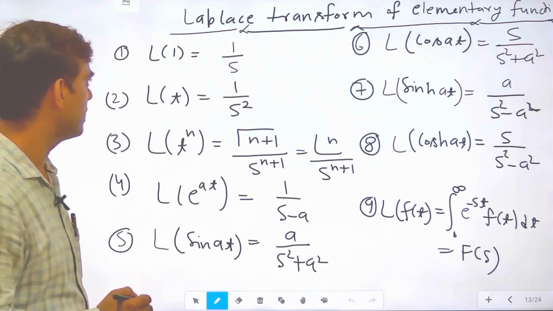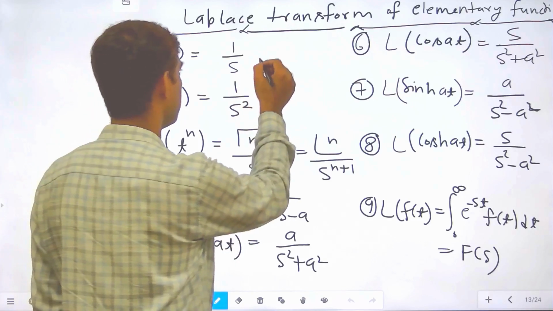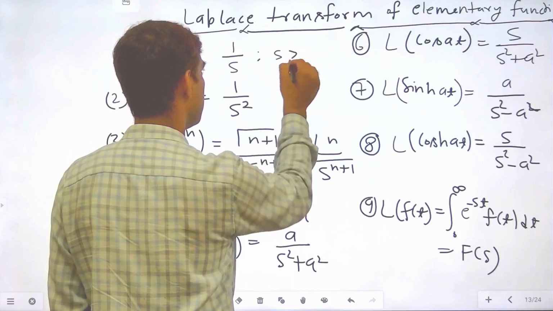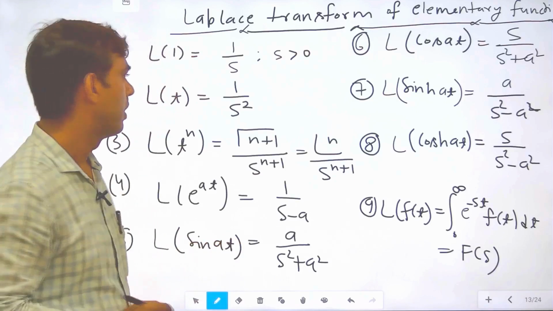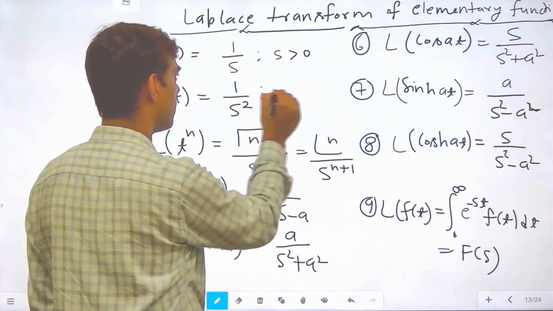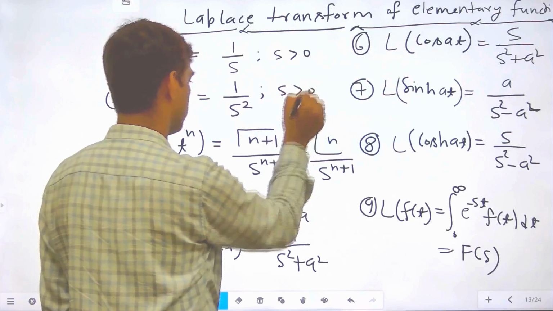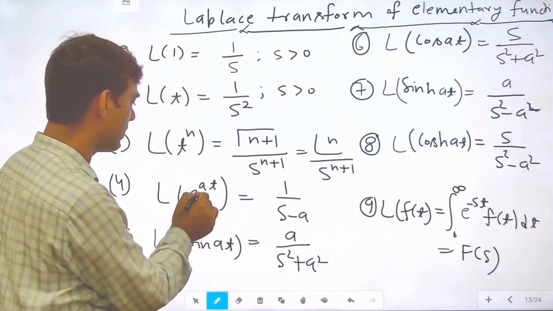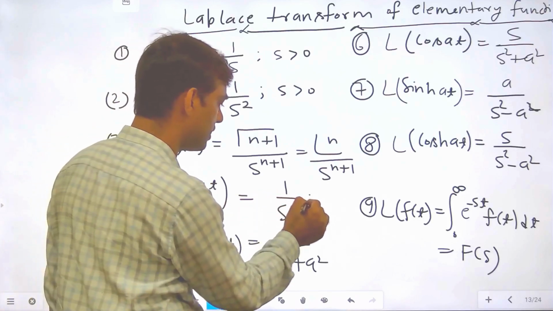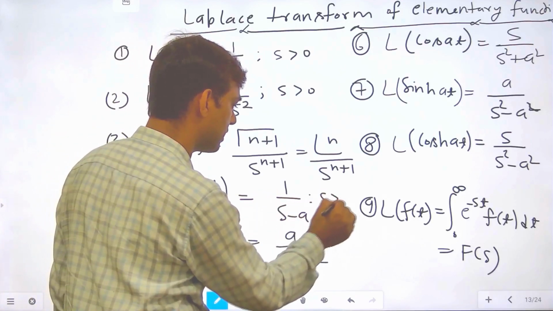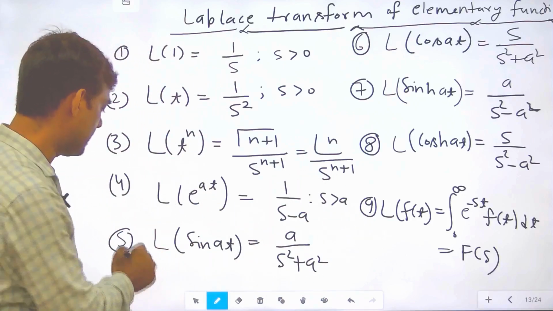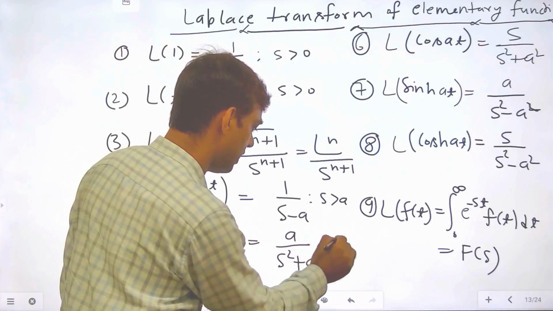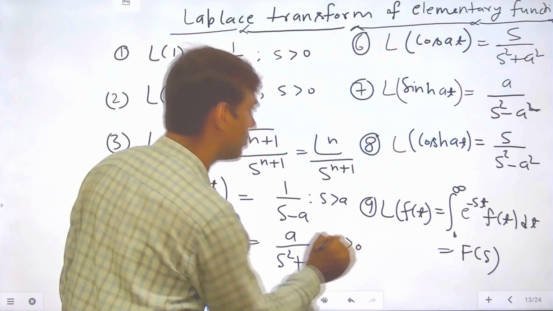Here one thing is missing. If we closely observe, here s must be greater than 0, and here also s greater than 0. In case of the Laplace transform of e to power at, it is necessary that s is greater than a. In case of the Laplace transform of sin at, s must be greater than 0.